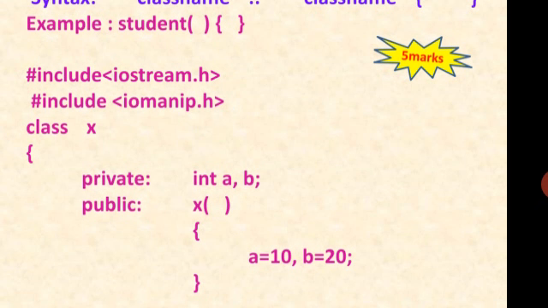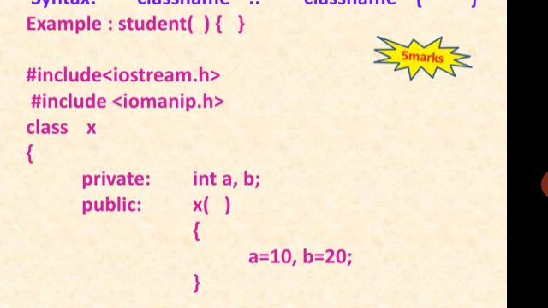In private, I have declared two variables, A and B, of the data type integer. Means A and B will have integer values, no decimal point values.